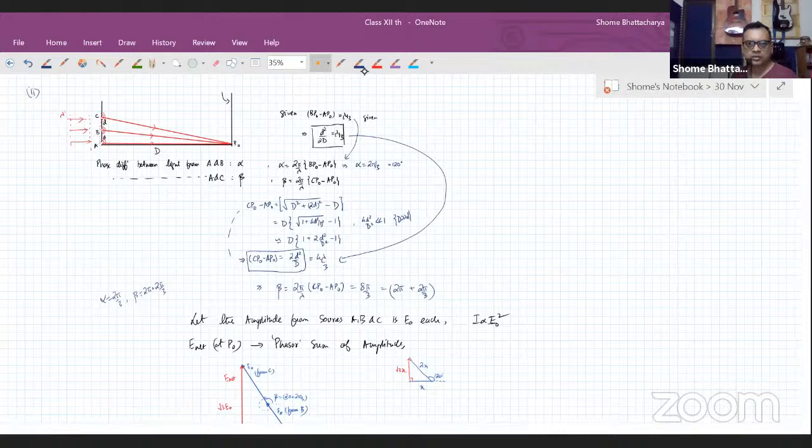Okay. So of course, this statement here, as you can see, is because A, B, and C are in phase themselves. Okay, they are monochromatic coherent sources which are in phase.